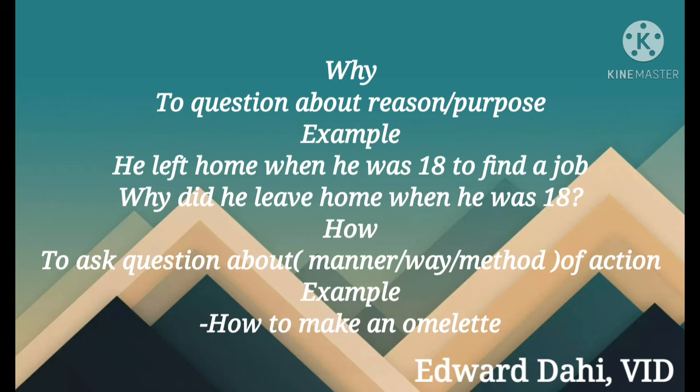Example, he left home when he was 18 to find a job. The question is, why did he leave home when he was 18? And the last one is how, to ask about manner, way, method of action. For example, how to make an omelette.